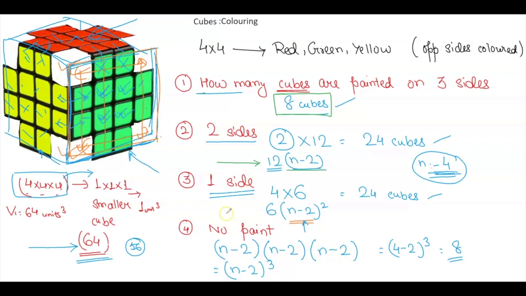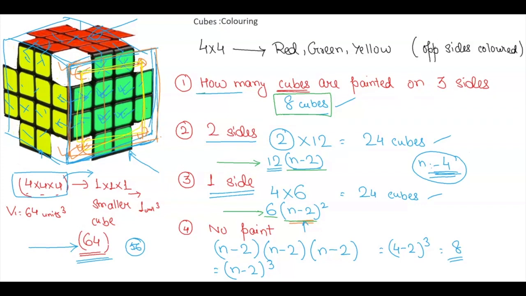The number of smaller cubes that are having one side painted is given by the formula 6, that is the number of faces multiplied by n minus 2 whole square, because we need to chop off everything that is present at the edges.